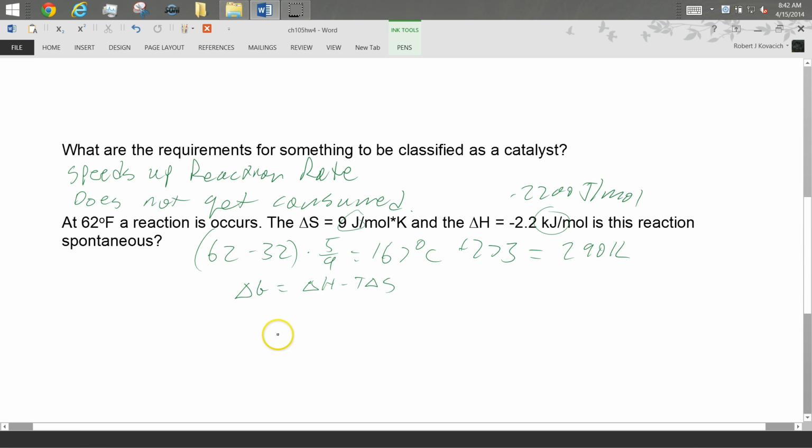So my delta H in this case is negative 2200 joules per mole. And then I've got 290 K, and I've got 9 joules per mole K. Okay, so the K's cancel out. Let's see what we get here.